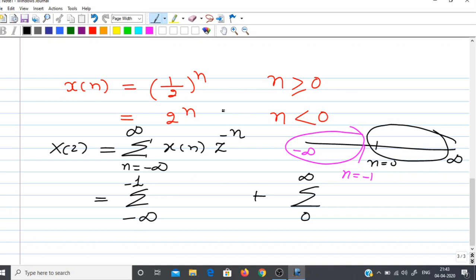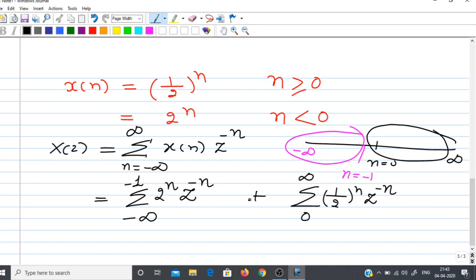For n less than 0, the sequence is 2 to the power n, so I write 2 to the power n multiplied by z to the power minus n. And for n between 0 and infinity, my xn is half to the power n multiplied by z to the power minus n.